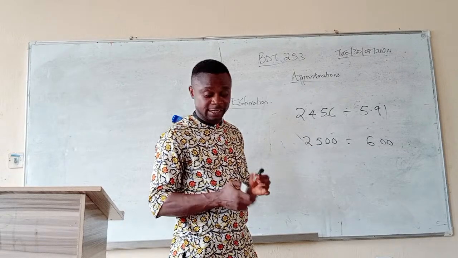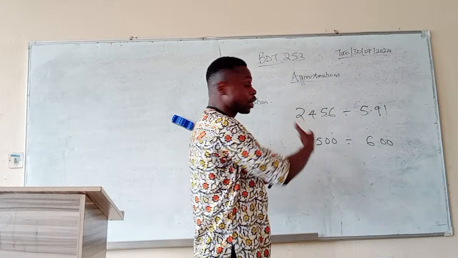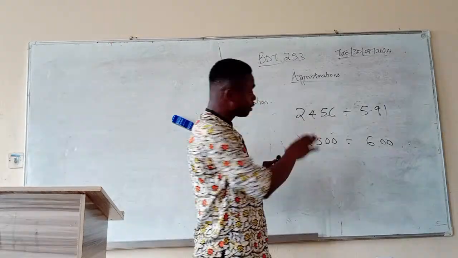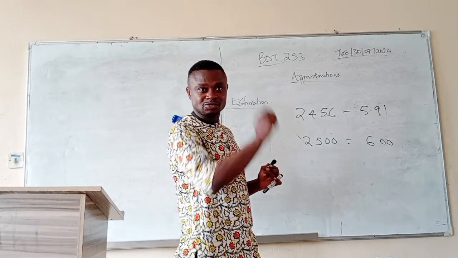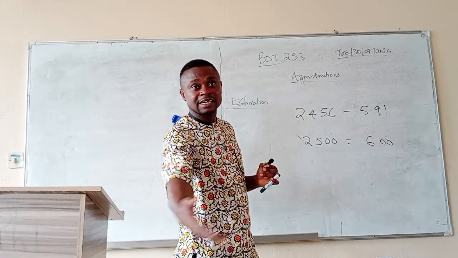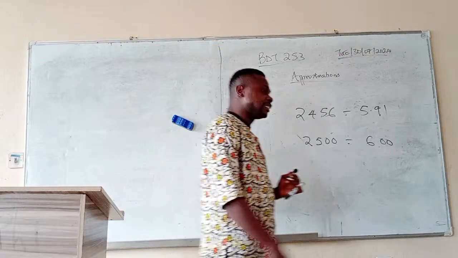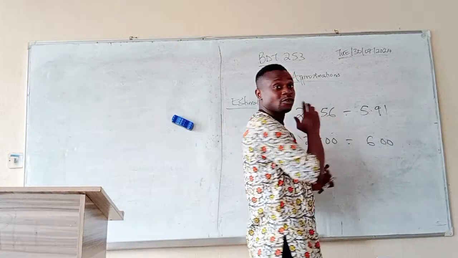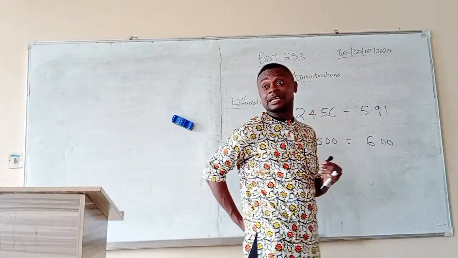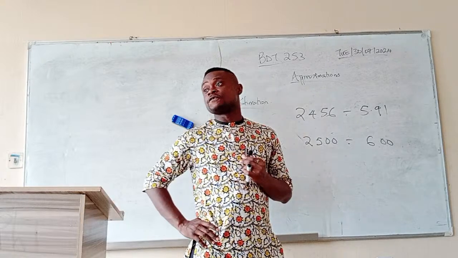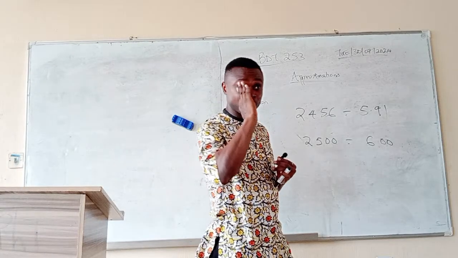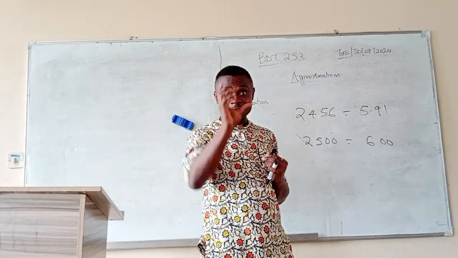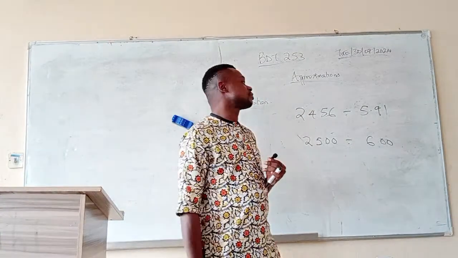Let's assume you are actually working on materials; you want to estimate and you approach your calculator. No need. Just calculate it and get your answer. The point I'm making is that you don't need a calculator for estimation. You practice it in such a way that once you look at that operation, you say what the answer will look like.